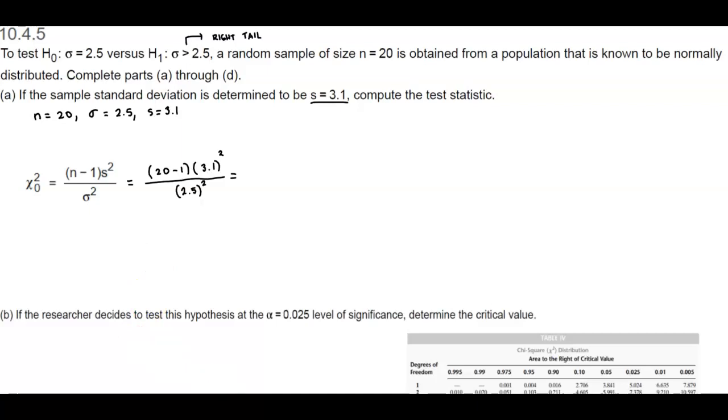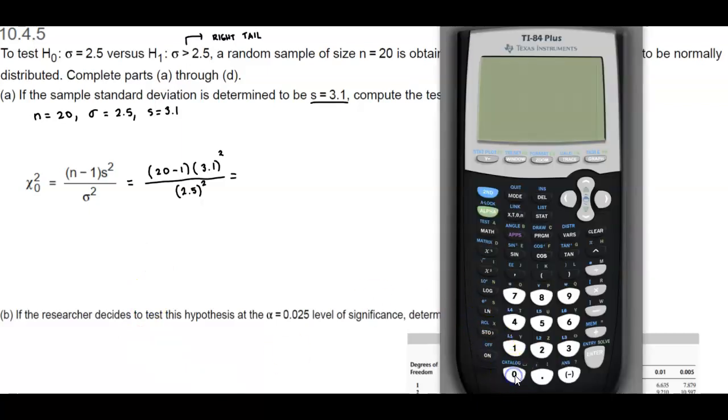Let's put that in our calculator: 20 minus 1, times 3.1 squared, divided by 2.5 squared.